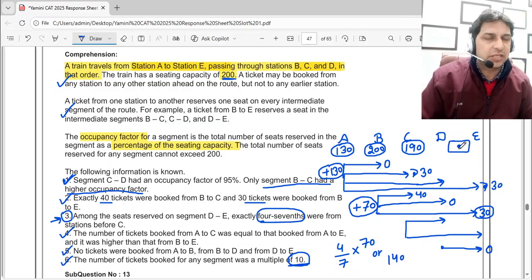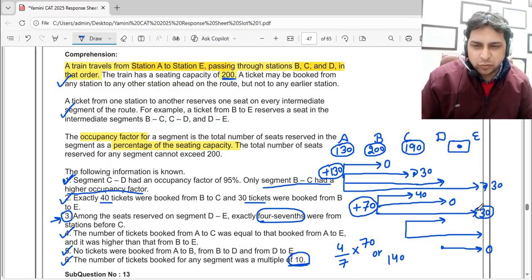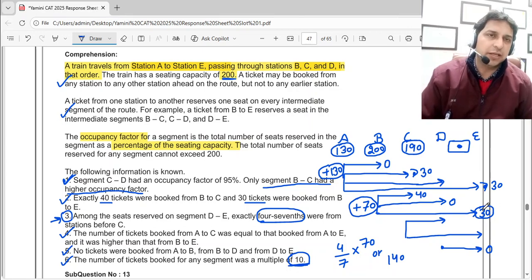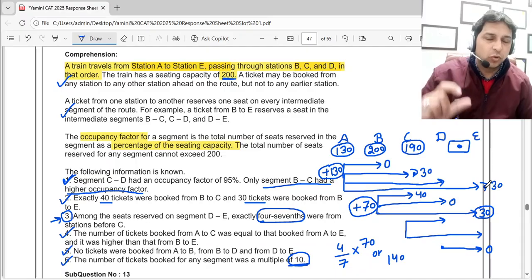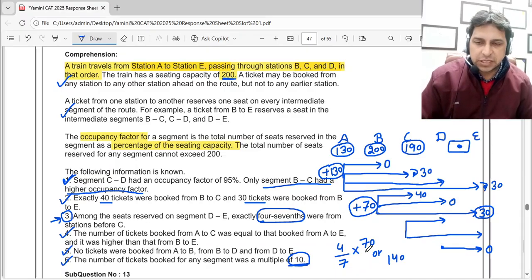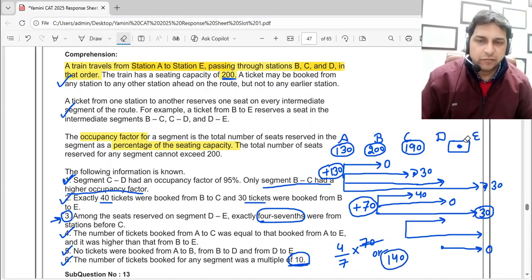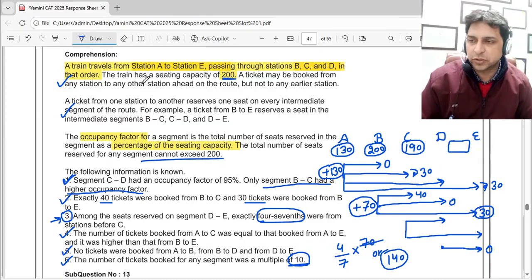From B to E we know their number is already 30. So 30, and this is greater than 30. This total cannot be 40. That means this 70 is not right. This 140 has to be the number of people who are traveling from D to E, because the next multiple of 70 is 210 and we cannot book tickets for more than 200. That means this number is 140.